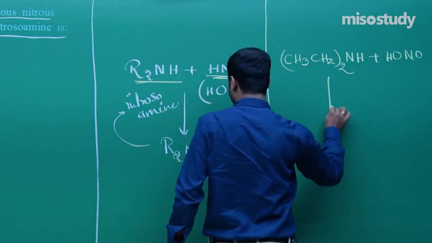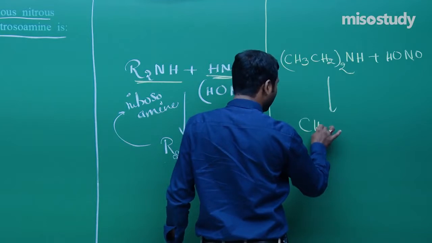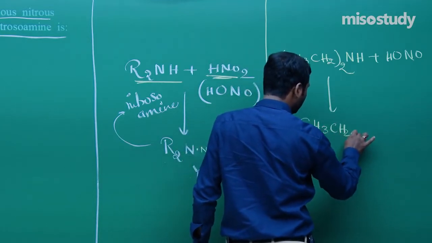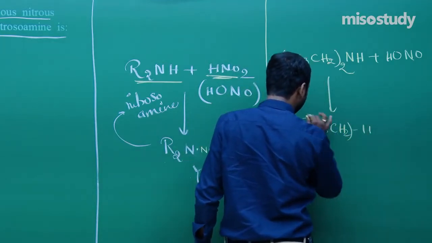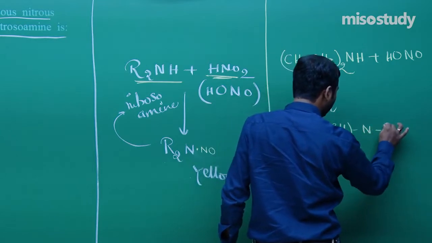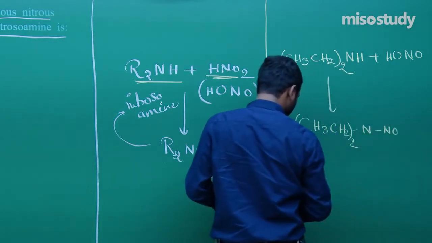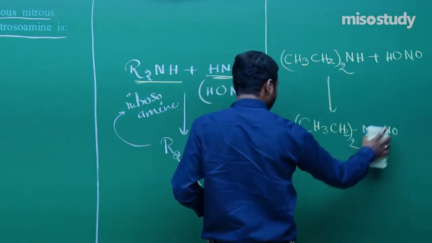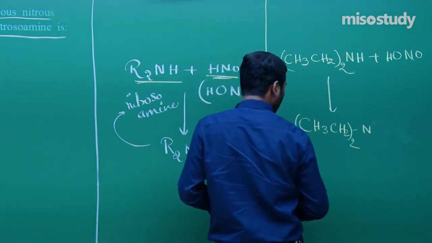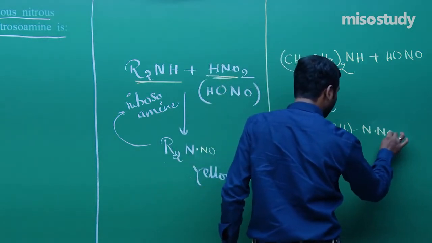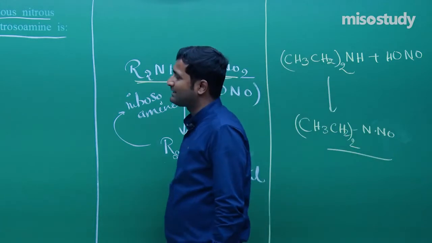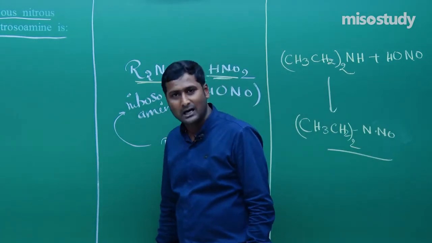Then what will happen? It gives you (CH3CH2)2N-NO. This is the yellow oil. So we can say for this D is the correct option.